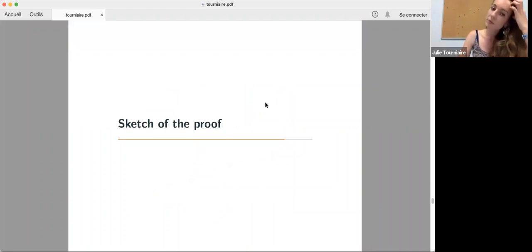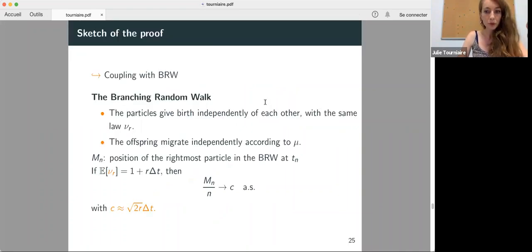So the main idea of the proof is to establish a coupling lemma to locally compare the process with branching random walks, because for branching random walks, we know the speed of the rightmost particle. And we can establish such a lemma because the system is monotone with respect to R and also with respect to K in the sense of stochastic dominance.